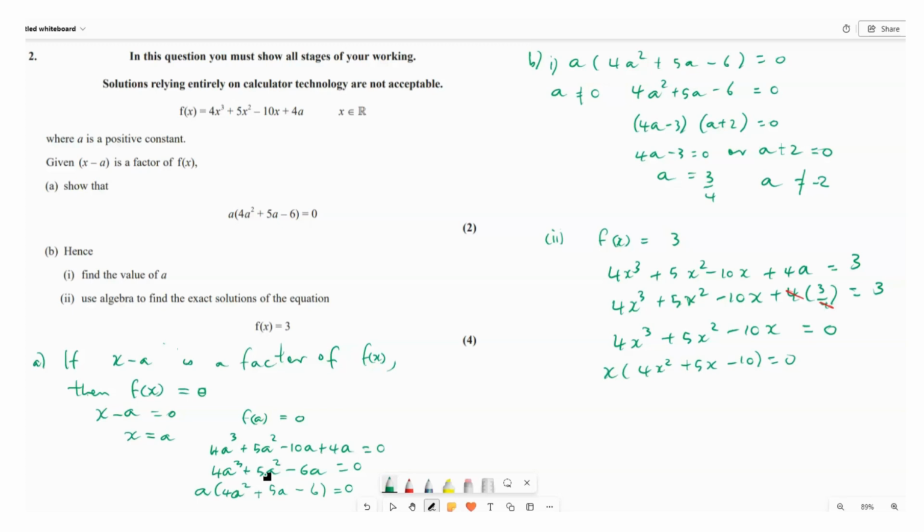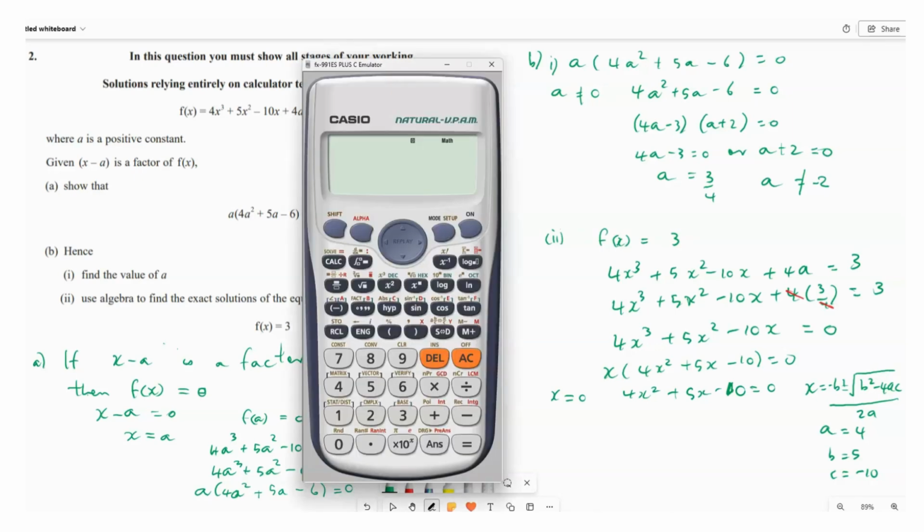So it means that x could equal 0, or, okay, so we're going to use the quadratic formula to work out the value of this, but we're going to use our scientific calculator. If you have the FX83 plus to 99 series, you could use it to input the quadratic formula and find the value of x.